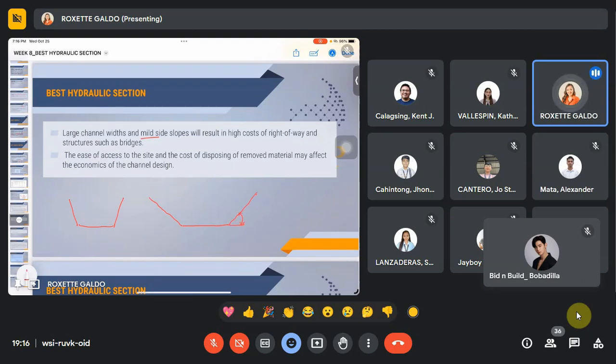So, although tsada na siya, pero dili siya good choice if the yuta that you are going to construct your channel on is paliton pa, meaning private lots. So mas dako man ang land area nga makonsume ani compare ani. So this choice might not be the most efficient one. Okay? And also, the ease of access to the site and the cost of disposing of removed material may also affect the economics of the channel design.